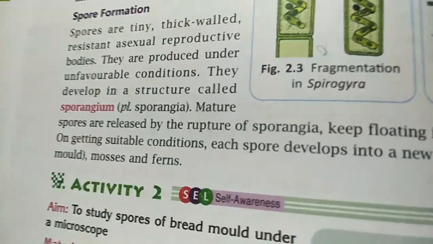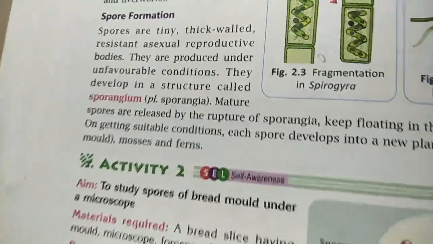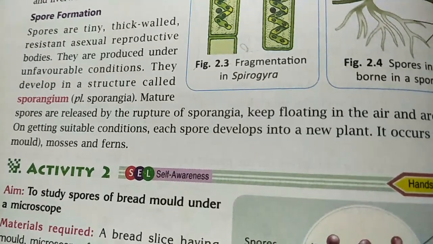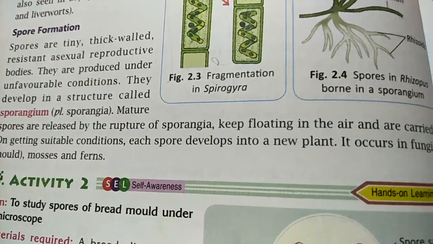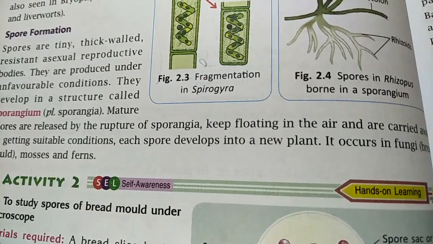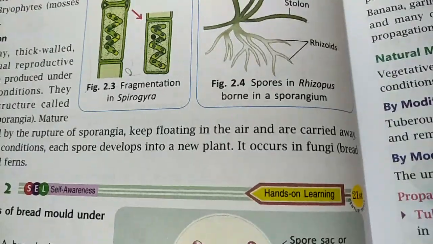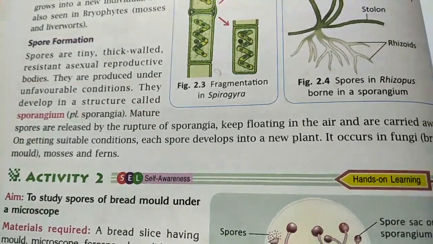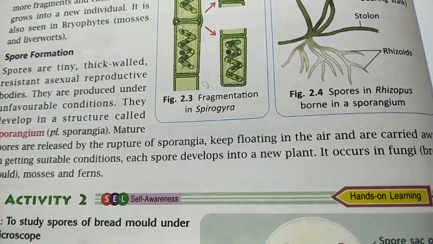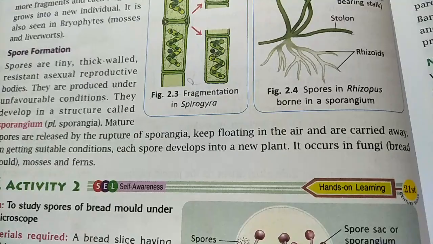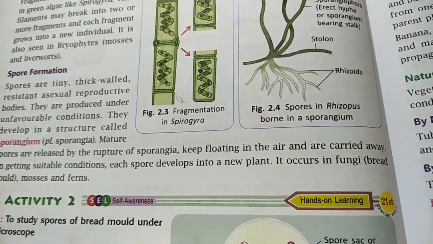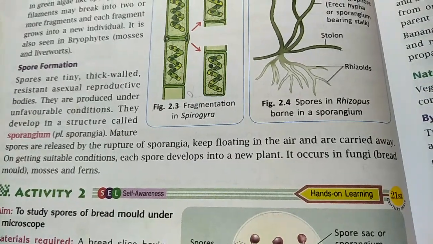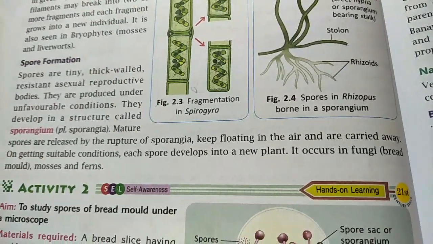They develop in a structure called the sporangium, and mature spores are released by the rupture of the sporangia, and they keep floating in the air as they are carried away. On getting suitable conditions, each spore will develop into a new plant. It occurs in fungi, bread mold, mosses and ferns as well.